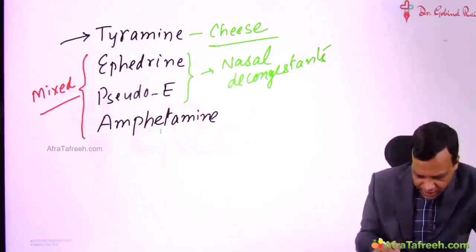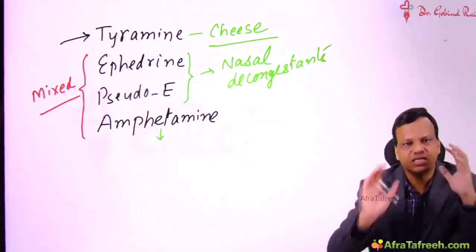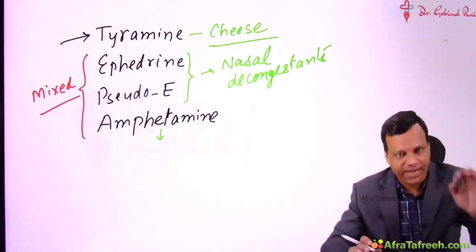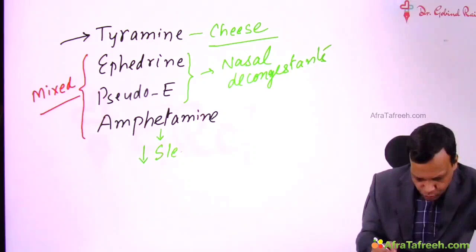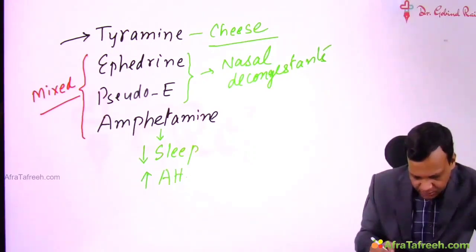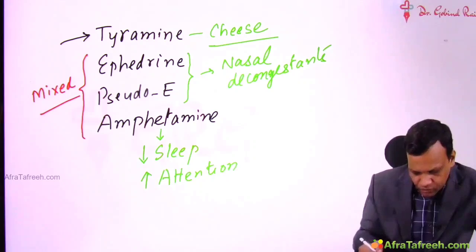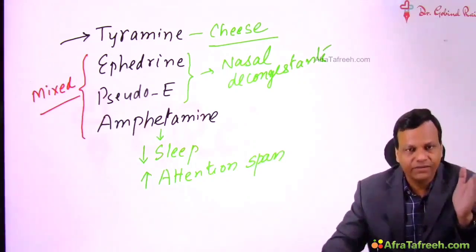And lastly, amphetamines. Amphetamines are the drugs which can cross the blood-brain barrier. So they enter the brain and they produce 2 important effects. One, they reduce sleep, and second, they increase attention span. So that means they are which type of drugs?